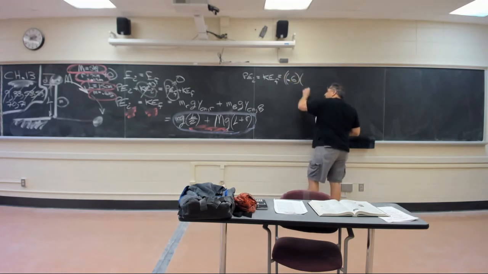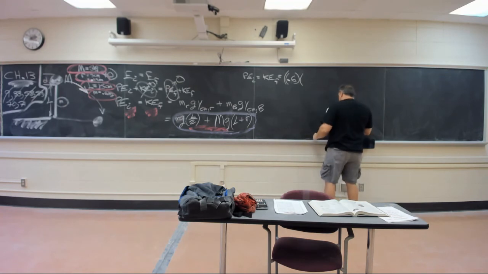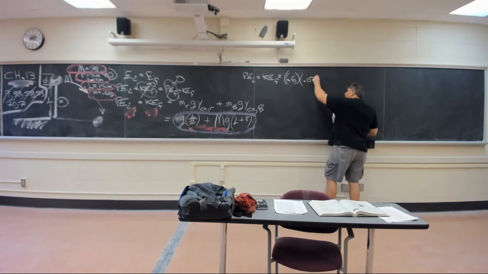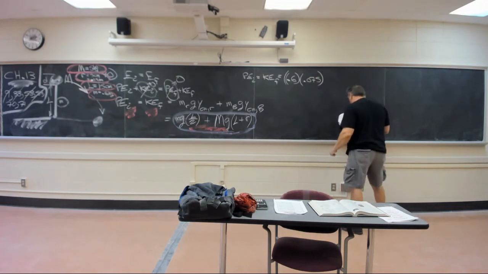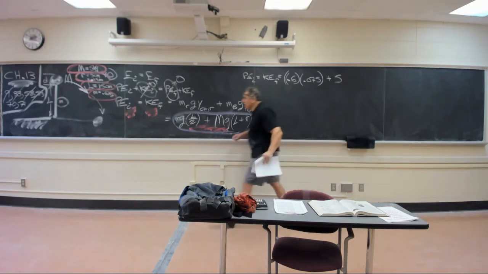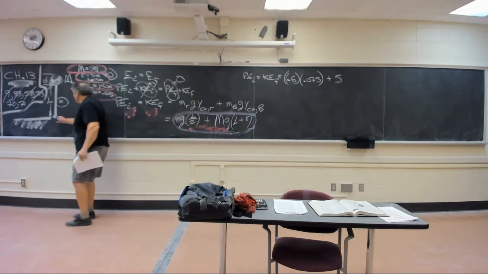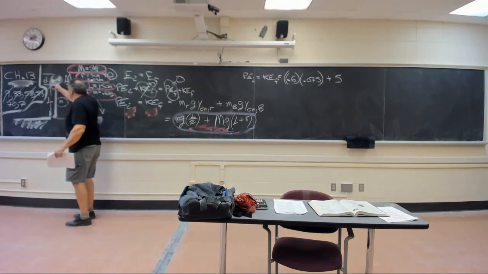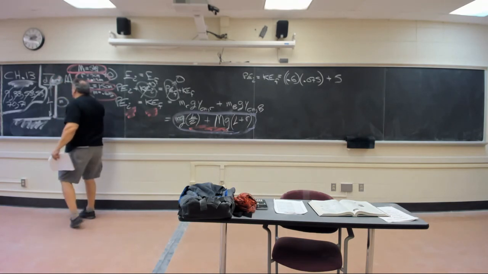0.6 times half of 15 centimeters is 7.5 centimeters, which is that many meters. I want to stay with meters. 5 kilogram ball, 15 centimeters to get up to here, another 5 centimeters to get up to here.